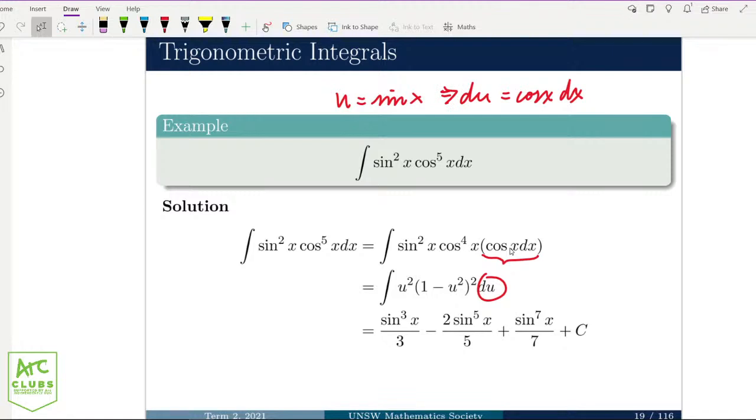So our sine x squared becomes u squared, whereas our cos x to the power of 4 becomes essentially sine x squared, 1 minus sine x squared to the power of 2. And now what we end up with would just be a simple polynomial that we can expand and then solve quite easily.